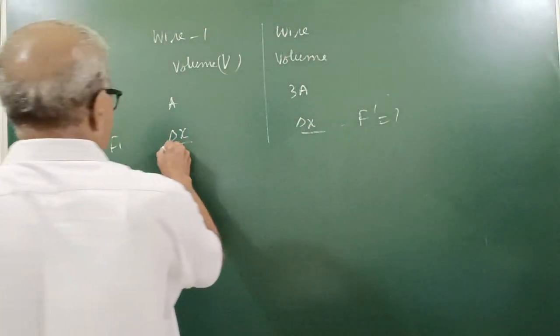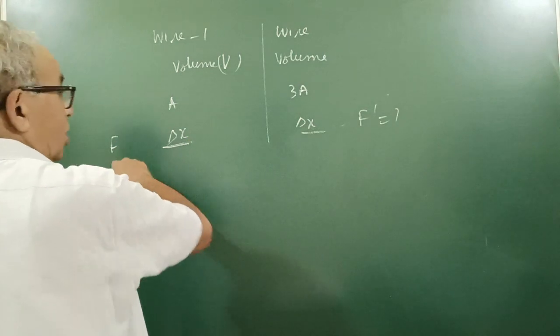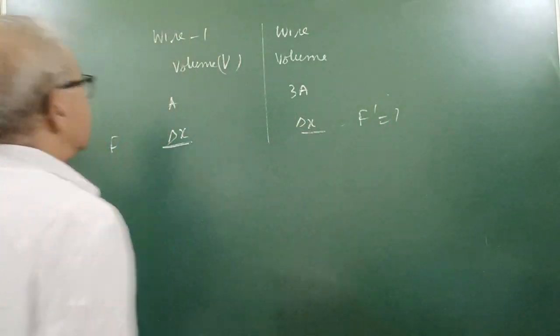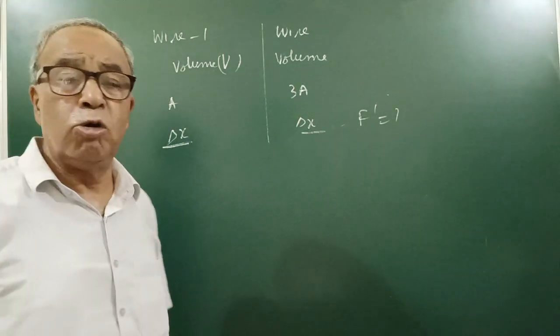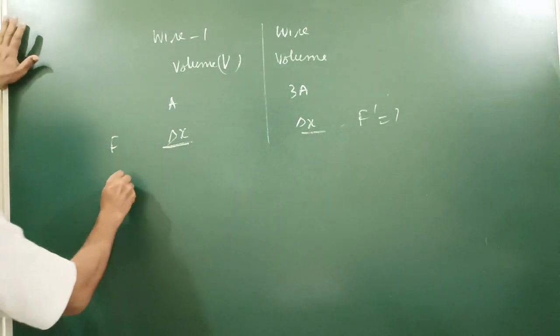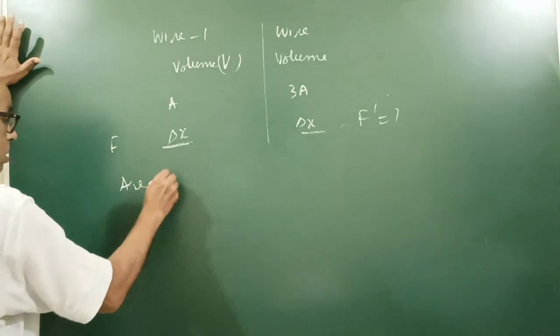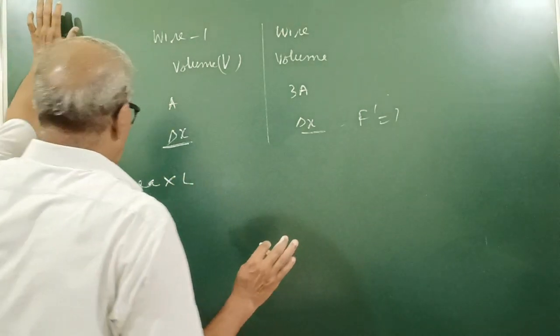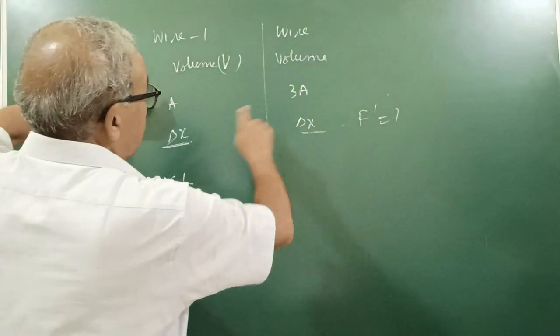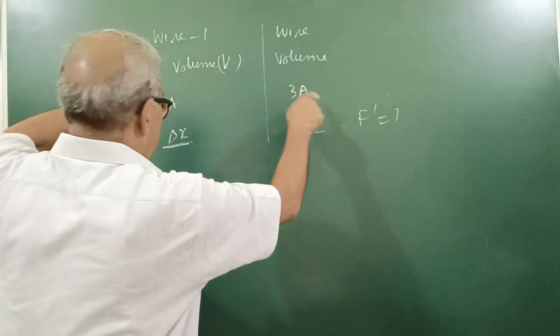The elongation has to be the same. They have equal volume. I told you many times, volume is equal to area of cross-section into length. Its area is A and 3A.